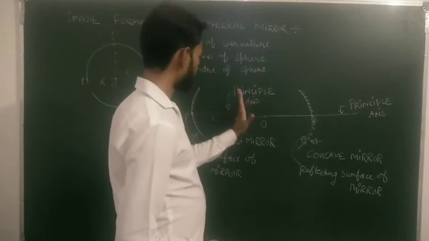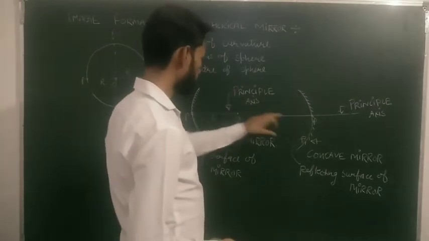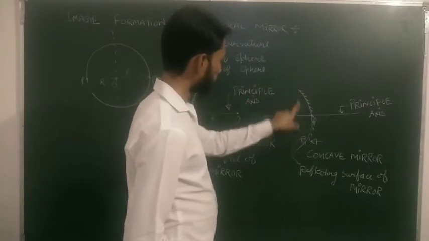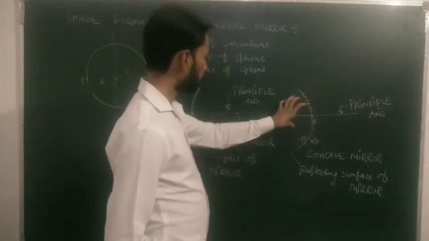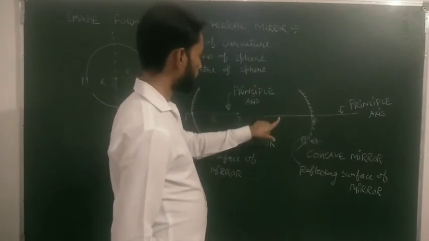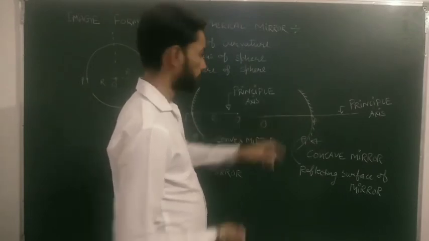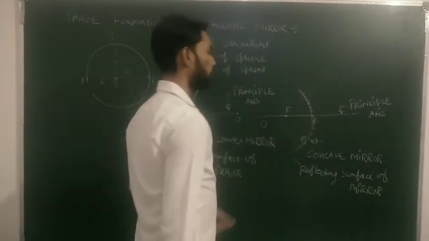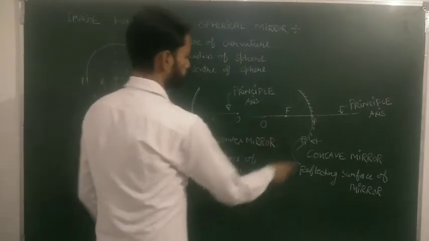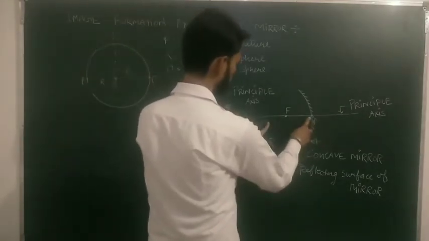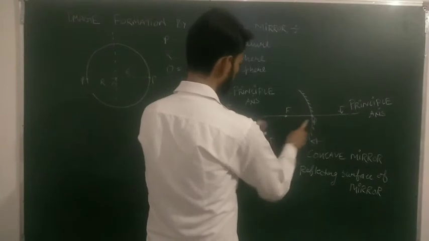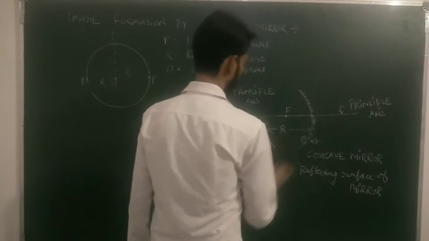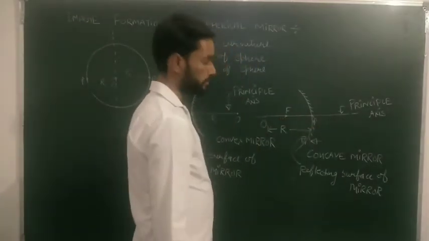This type of mirror is the concave mirror. When an object is placed in front of this mirror, all parallel rays strike the reflecting surface and meet at a point which is called the focus point of this mirror. PO is the radius R. What is the focus point?